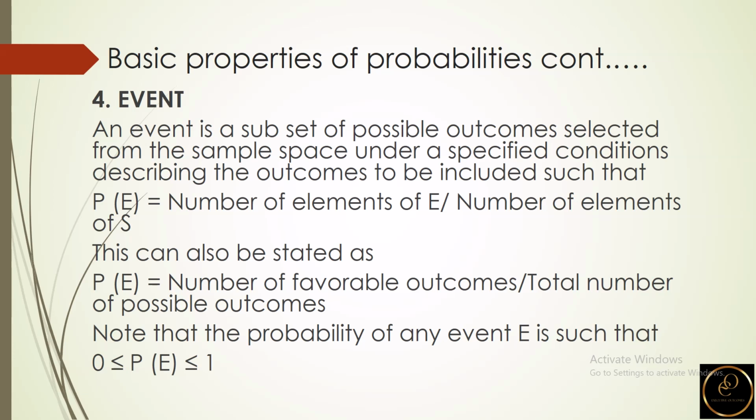So 0 is less than or equal to the probability of event E, which is less than or equal to 1. So that's what it means. It means that between 0 and 1 it is a matter of chance. Hence we talk about probability.